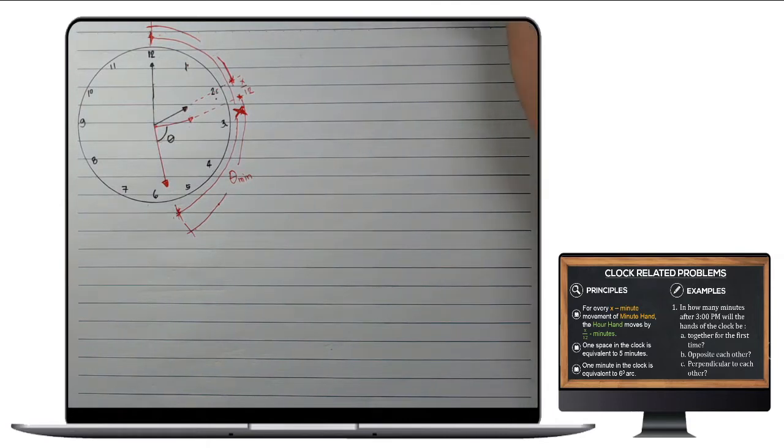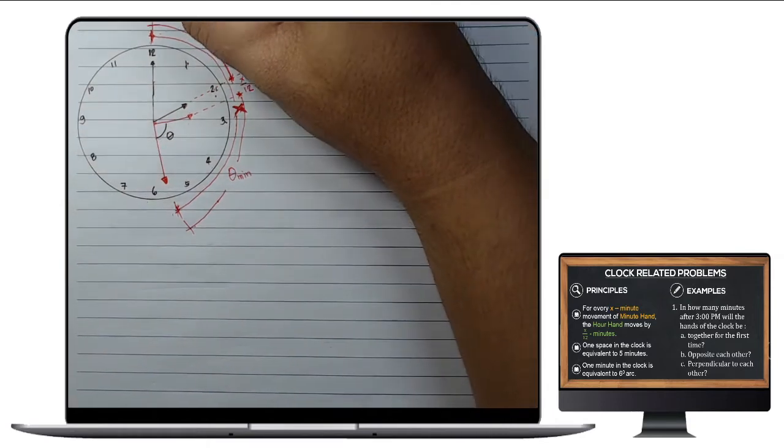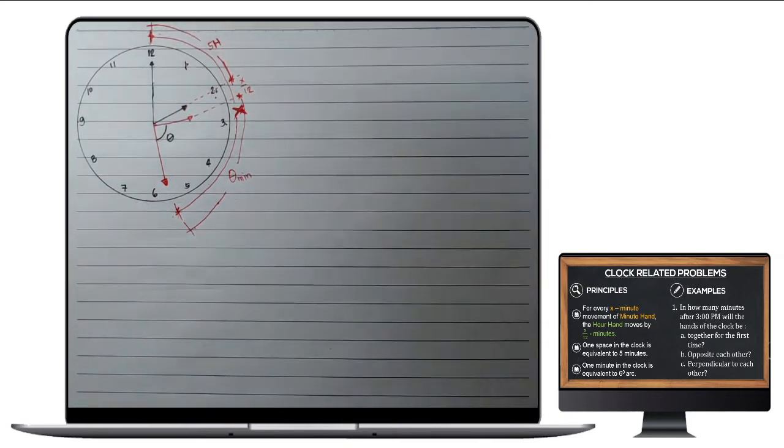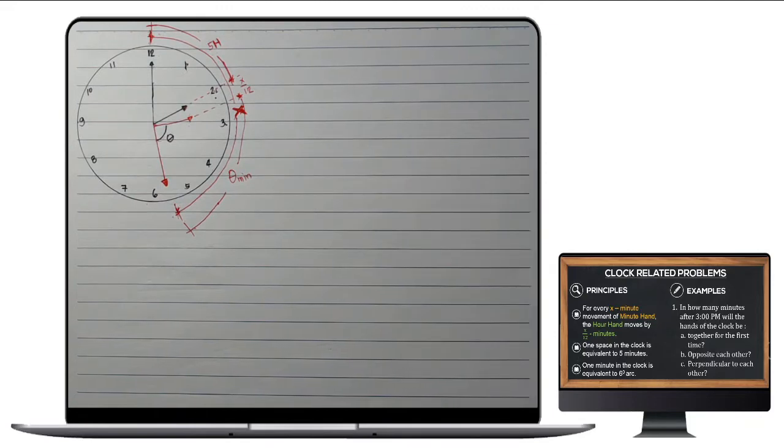So, to make it more general, I will use 5 times h. Okay? Where h is yung ating marker. Okay? So, yung initial position ng ating R hand. So, para lang maging general. Okay? So, kahit hindi siya sa 2 o'clock, sa 1 o'clock man yan, sa 3 o'clock, okay lang yon.